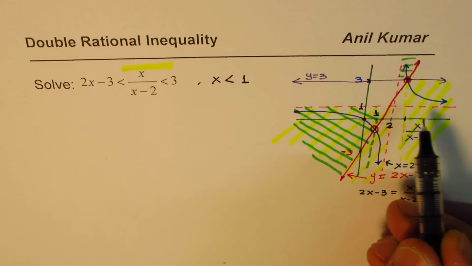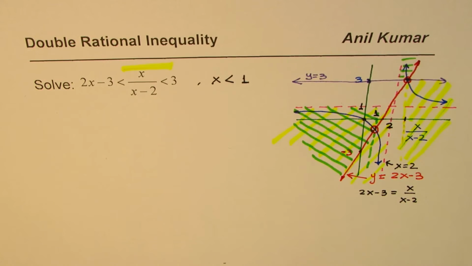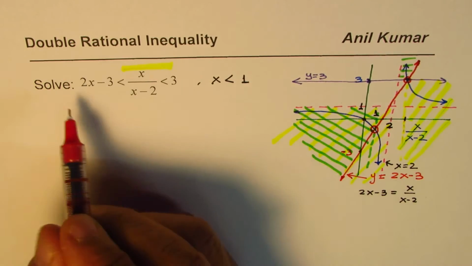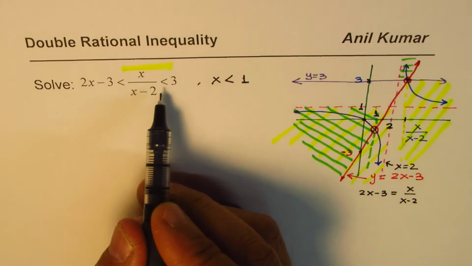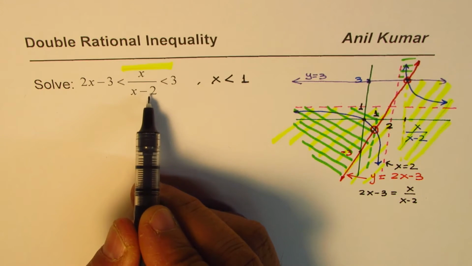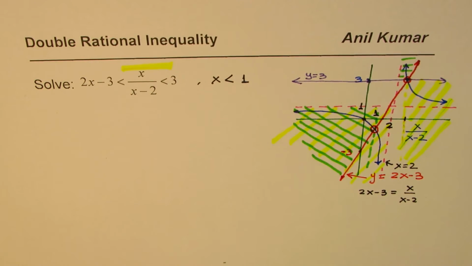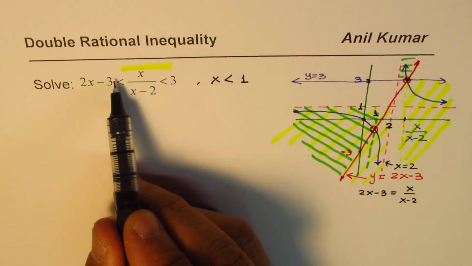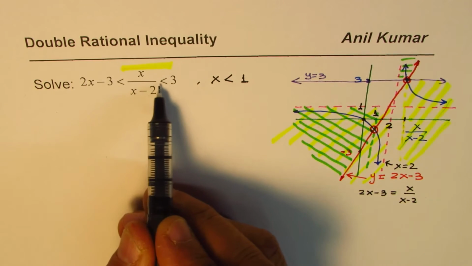So we found it quickly with the help of a sketch, but now we'll follow a method. The method here is that we need to solve two inequalities simultaneously because it's a double inequality, and we cannot multiply by x minus 2 since x minus 2 could be negative or positive. If it is negative, I have to interchange these inequalities, and I don't know when to interchange.